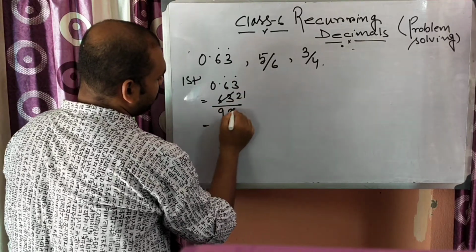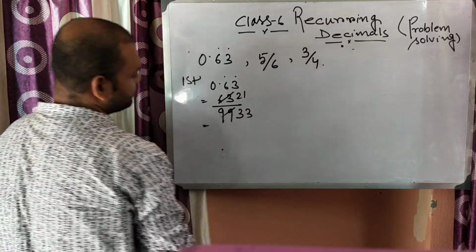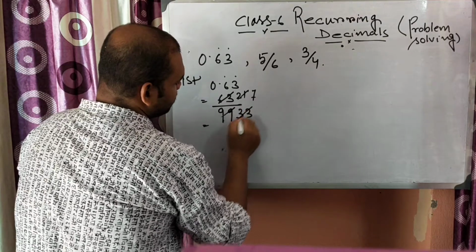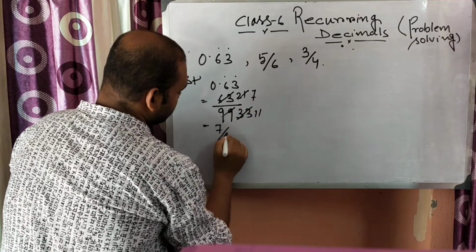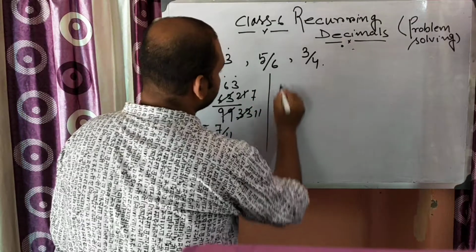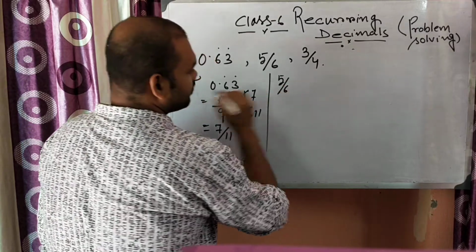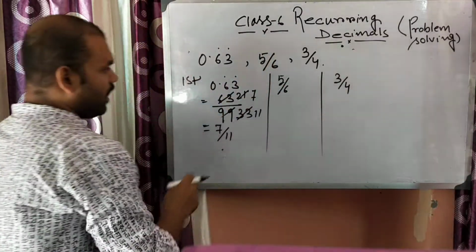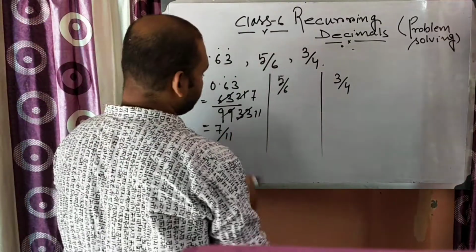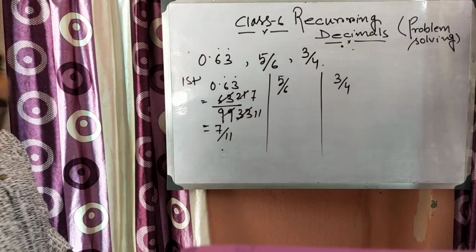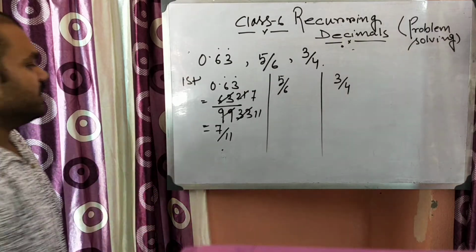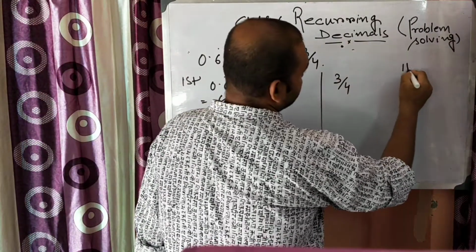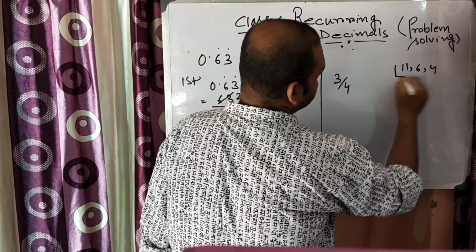Yes, 21 by 33, and then 7 by 11. So 7 by 11 you can write here, 5 by 6, and 3 by 4. Now all the fractions are different, and their numerators and denominators are also different. So we need to find the LCM of 11, 6 and 4.